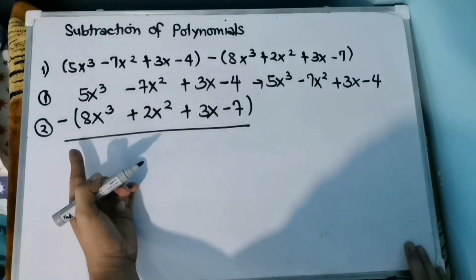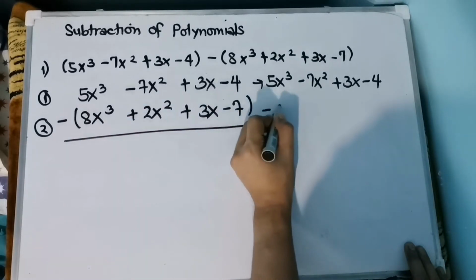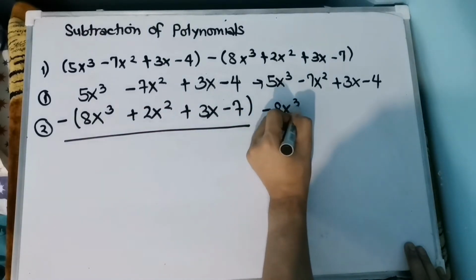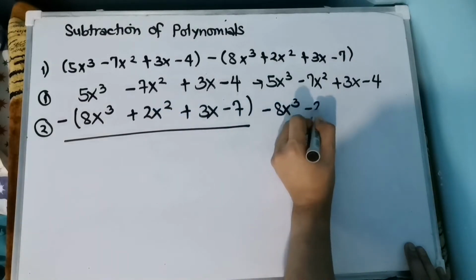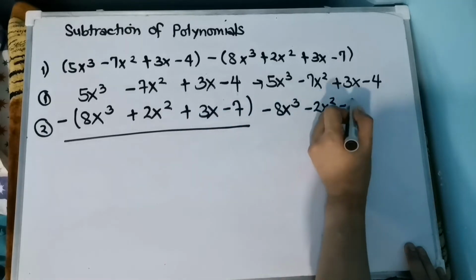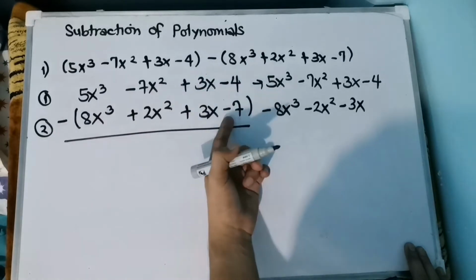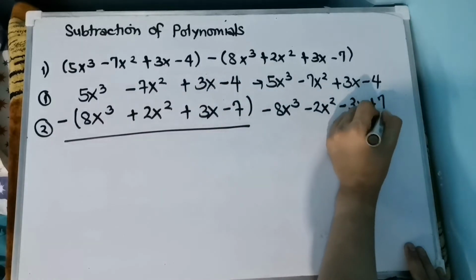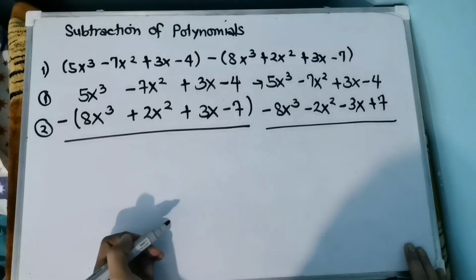We need to change all the signs. So positive 8x cubed becomes negative 8x cubed. Positive becomes negative 2x squared. And then positive becomes negative. Negative times negative becomes positive 7. And then we proceed to addition.